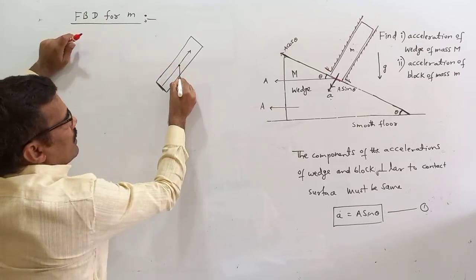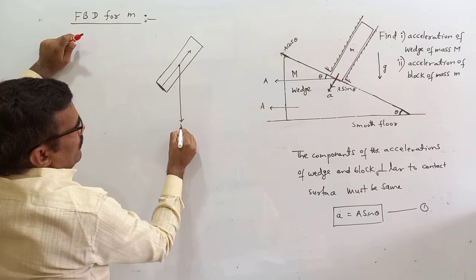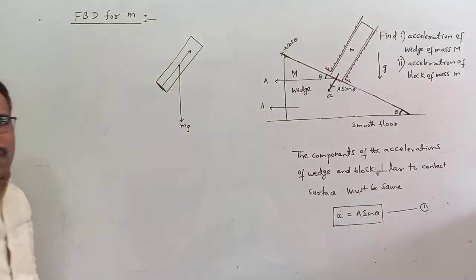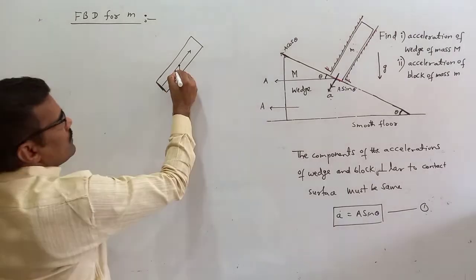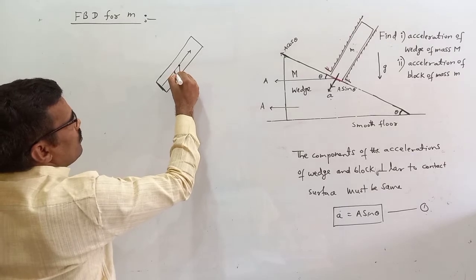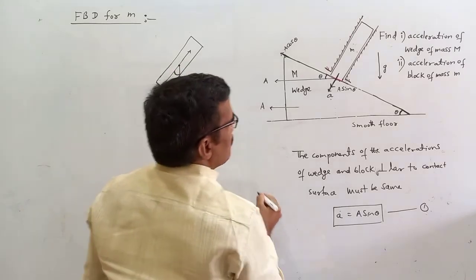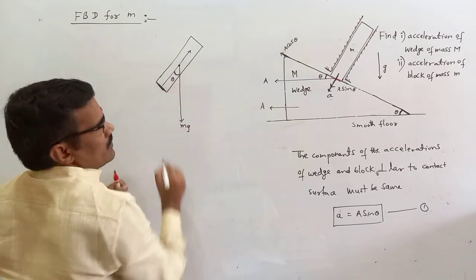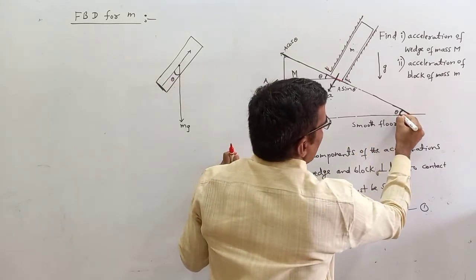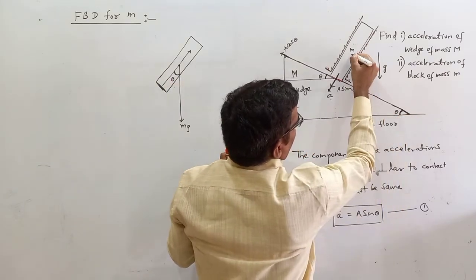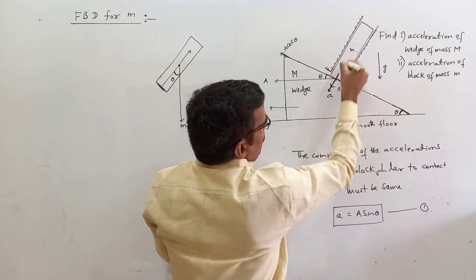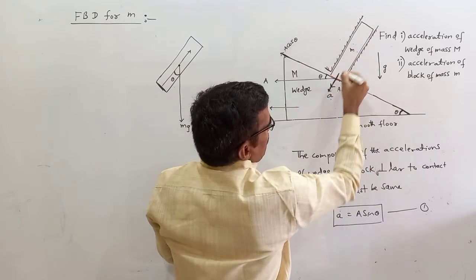Its weight is acting vertically down. What is the angle? This angle is theta. Why theta? We know that this is theta, along this side, normal to the contact surface.